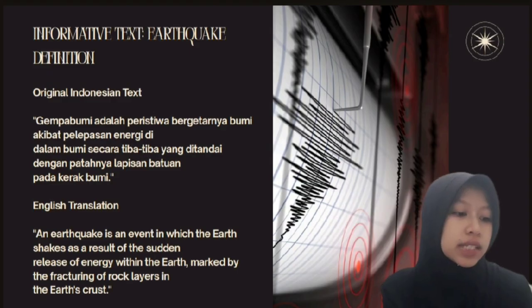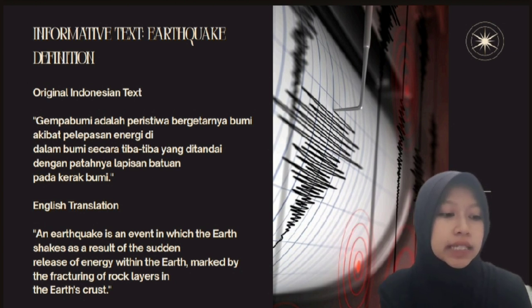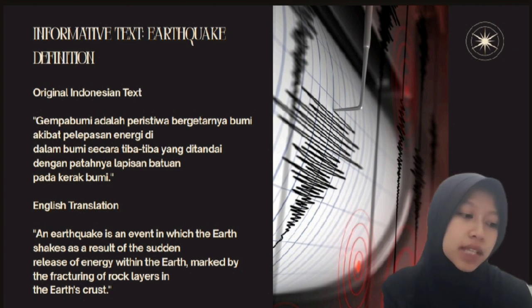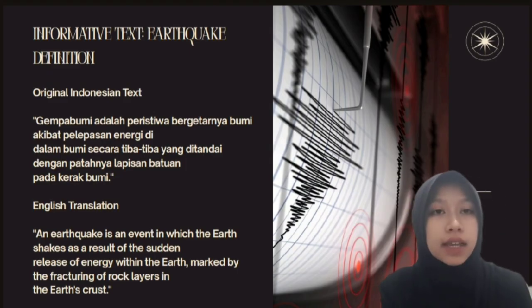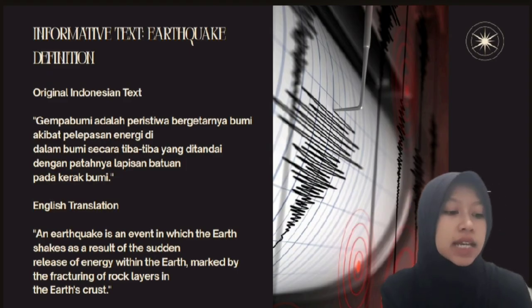And the original Indonesian text is: gempa bumi adalah peristiwa bergetarnya bumi akibat pelepasan energi di dalam bumi secara tiba-tiba yang ditandai dengan patahnya lapisan batuan pada kerak bumi. And my English translation is: an earthquake is an event in which the earth shakes as a result of the sudden release of energy within the earth, marked by fracturing of rock layers in the earth's crust.